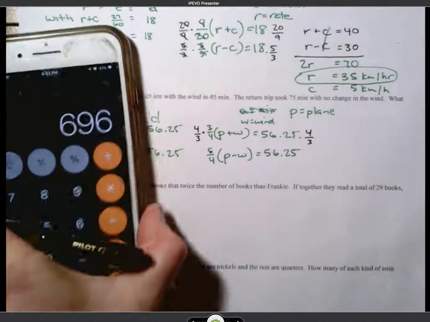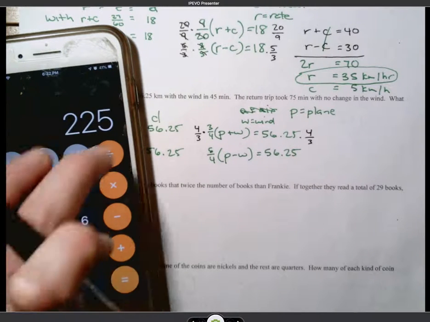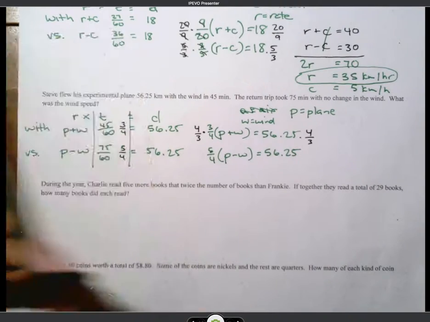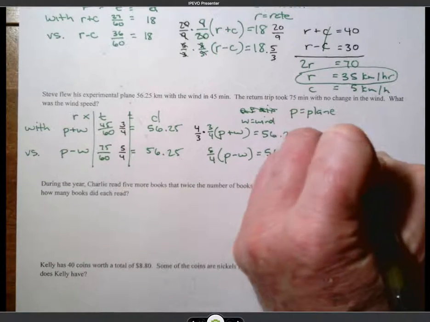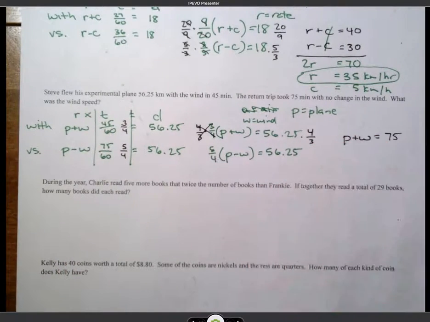So if we take 56.25 times 4 divided by 3, I get 75. So this went away. I have P plus W is equal to 75.